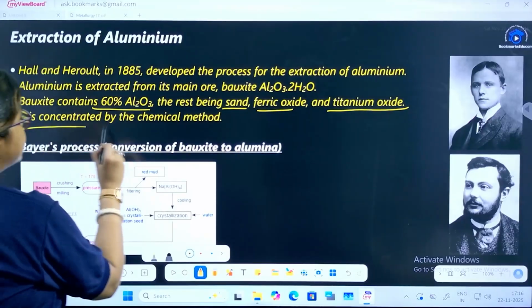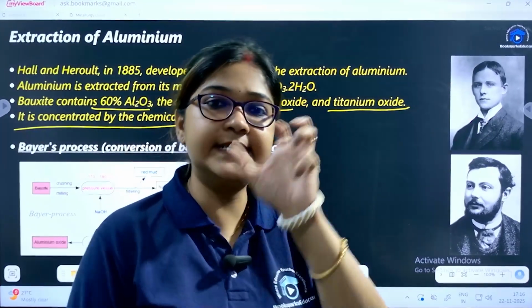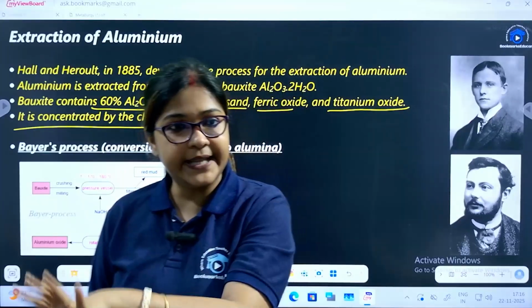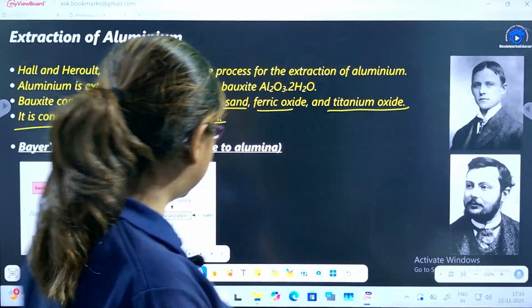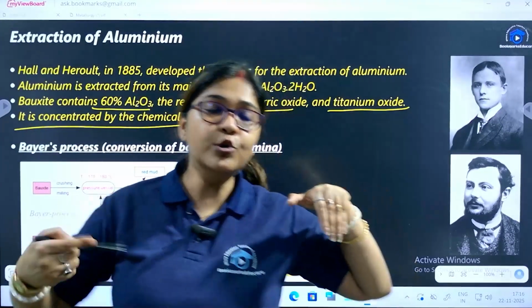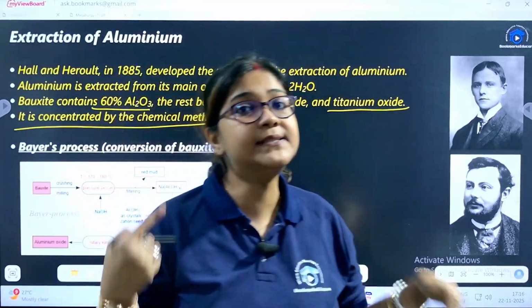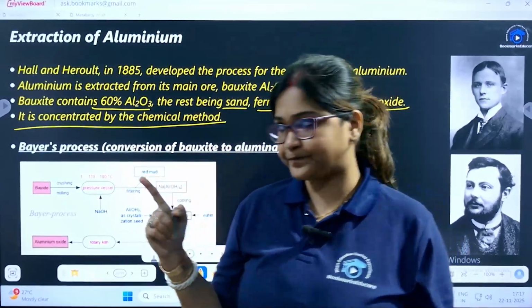It is concentrated by the chemical method. The first step is crushing and grinding into finely divided ore, or pulverization. Next is ore dressing, that means concentration of the ore. How will this be done?